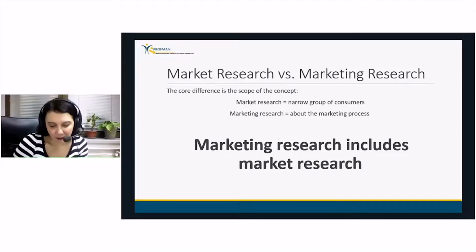So the core difference between market research and marketing research is the scope of the whole concept.